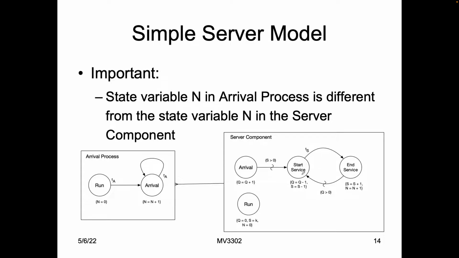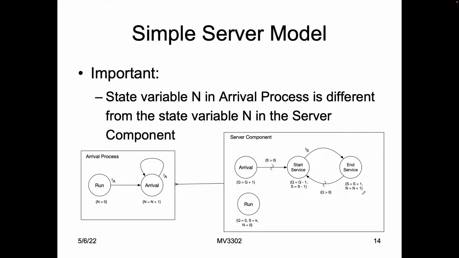Each component should encapsulate its state variables, meaning that the only thing which can change the state variables is that component itself. The n in the arrival process was counting the number of arrivals.